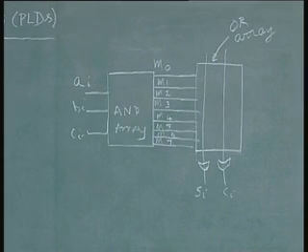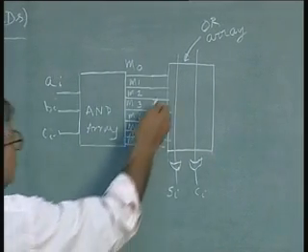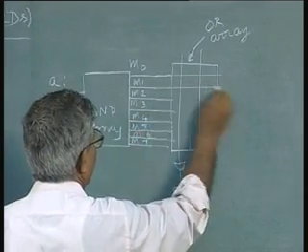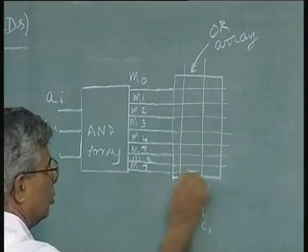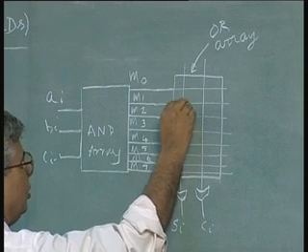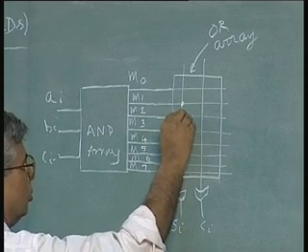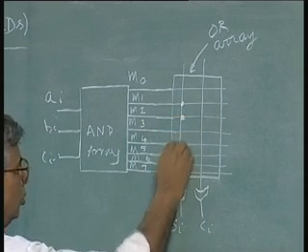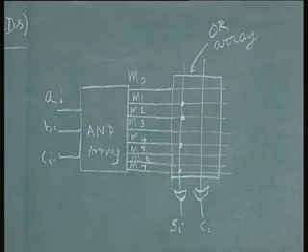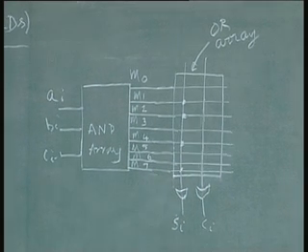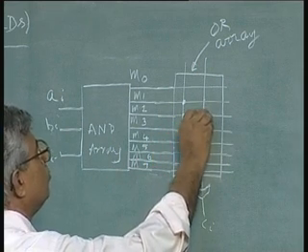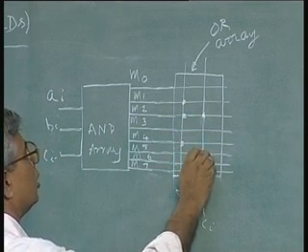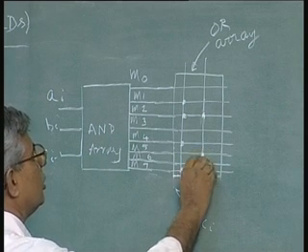So, as we said, now 1, 2, 4, 7 minterms, all the minterms are available, out of which the minterms 1, 2, 4, 7 give the sum, and minterms 3, 5, 6, 7 give the carry.